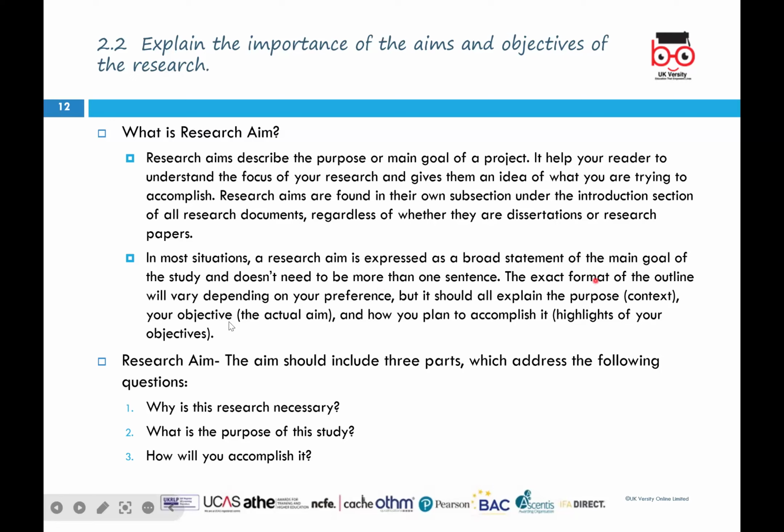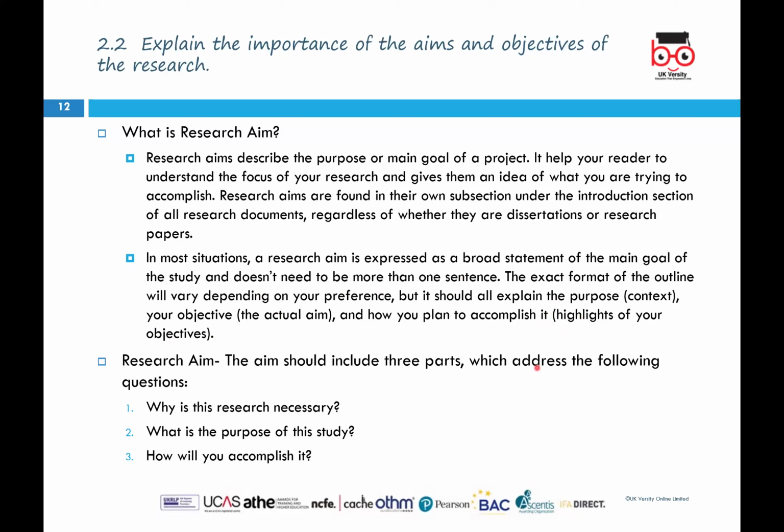The exact format of the outline varies, and it explains the purpose or the context of your study, your objective, which is your actual aim, and how you plan to accomplish it. So your plans also have to be mentioned in it, which are actually highlighted in your objectives.